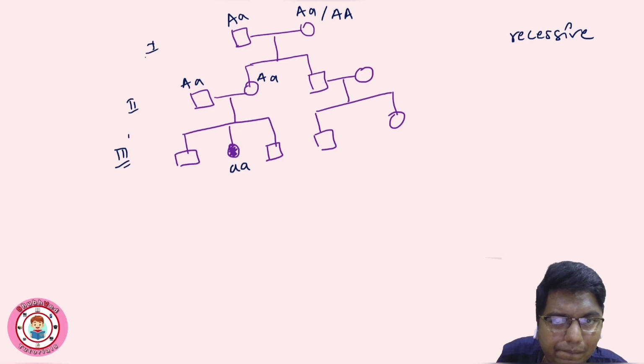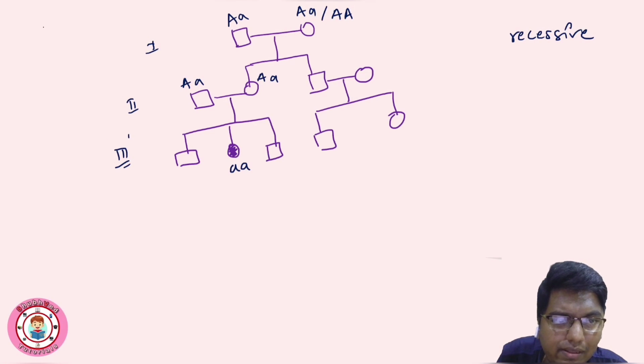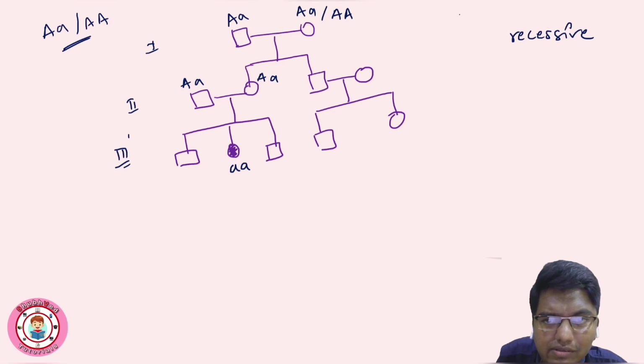So one parent from the first generation will be AA or Aa. This is how we can understand. So this is autosomal recessive. First of all, this is autosomal recessive, confirmed.